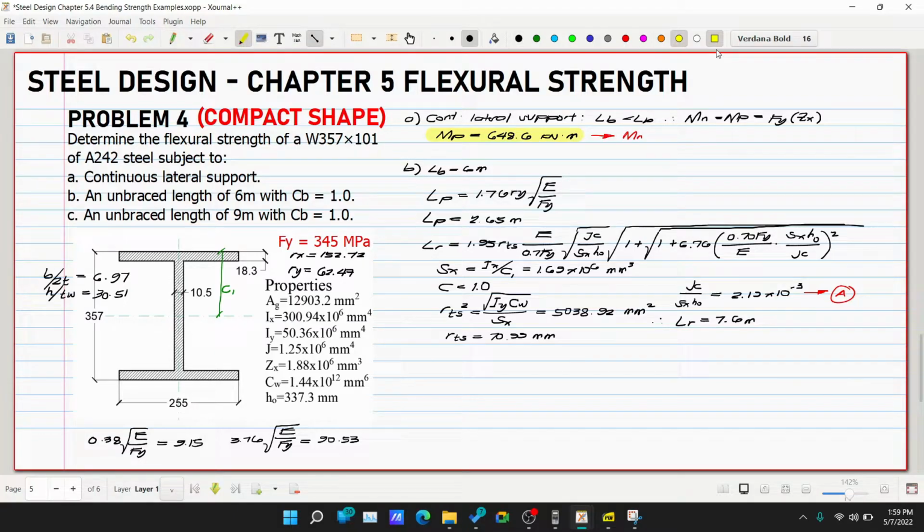So, shade natin lahat ng mga kailangan, LP, saka LR. Ayan. So, ngayon, ang ating LB na 6 meters is greater than sa LP, but less than naman sa ating LR.